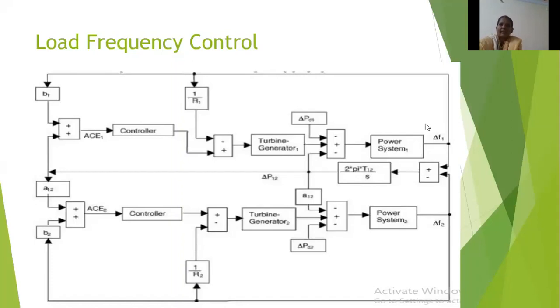If there are any large deviations, you definitely require control. Those deviations are to be minimized with the help of a controller, which may be a conventional controller or a fuzzy logic controller. This is the two area load frequency control system. The first part indicates one area, and the second part indicates the other area.